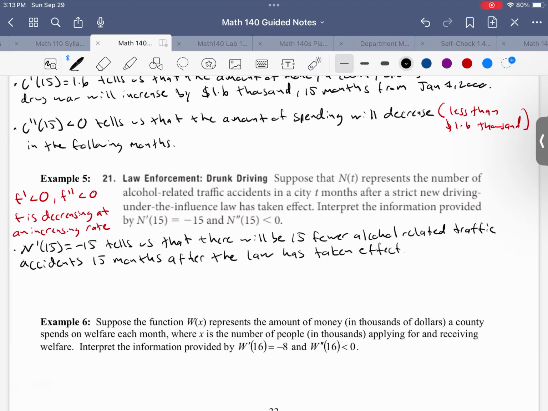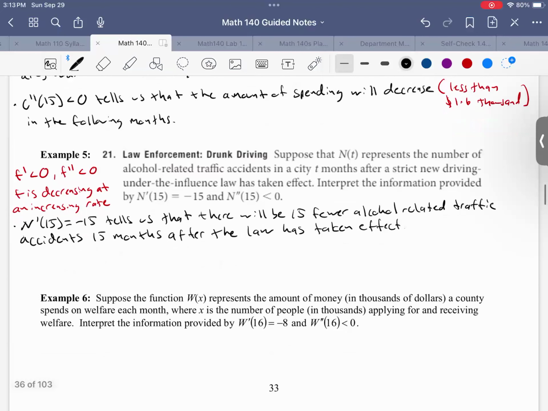Okay, so the negative 15 tells us there will be fewer accidents, and that 15 is our months after the law has taken effect. So that's what our first derivative is telling us.